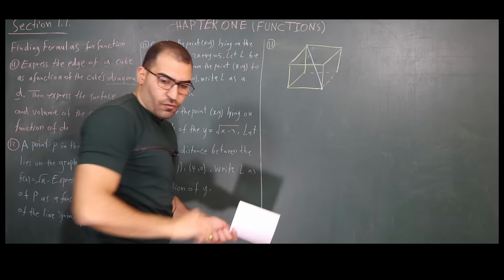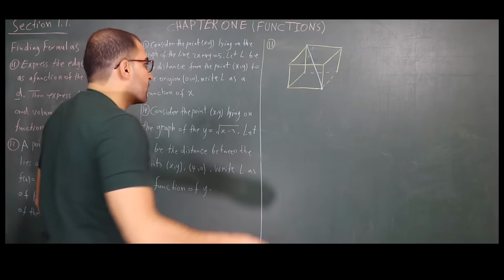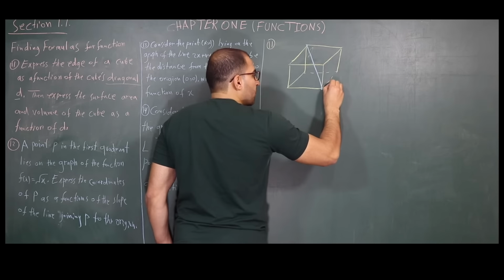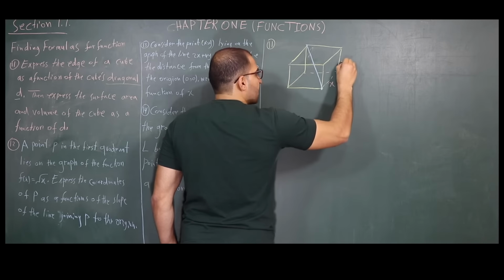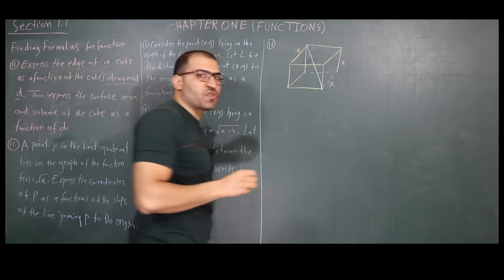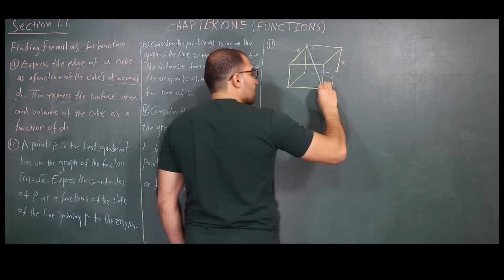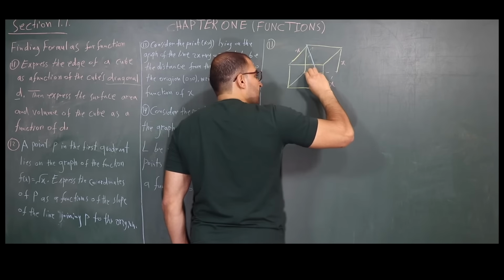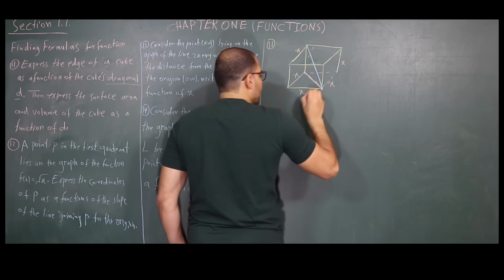If we want to plot, we need a relation. We know that this one is x and this one is x and this one x, because it's a cube, and we know that this is d.